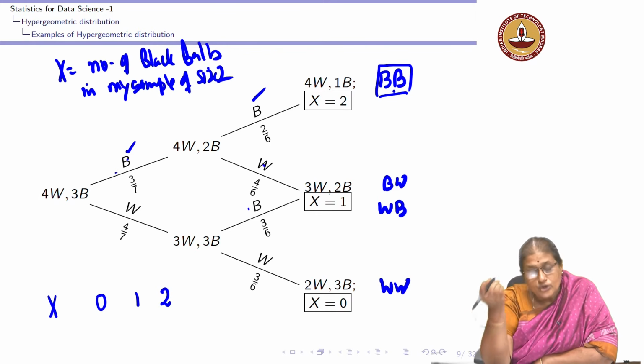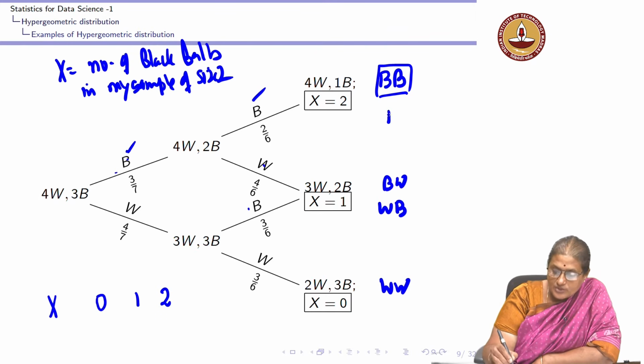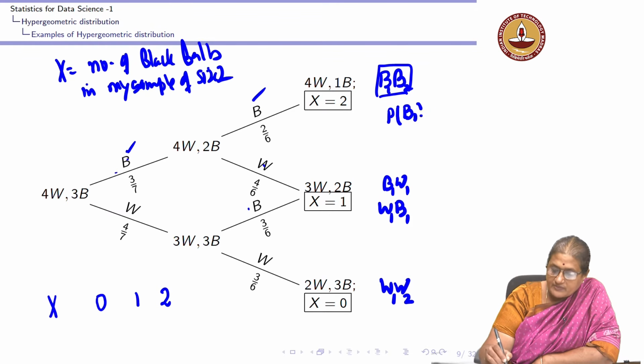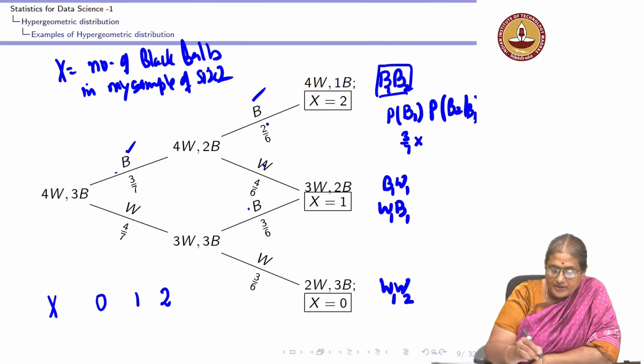Now, again if you go to the multiplication rule, I know this is probability of B1, B2, this is B1, W1, this is W1, B1 and W1, W2. So, this is probability of B1 into probability of B2 given B1. Probability of B1 is 3 by 7, B2 given B1 is 2 by 6. So, this is 6 by 42. Now, this is going to be 3 by 7 into 4 by 6.